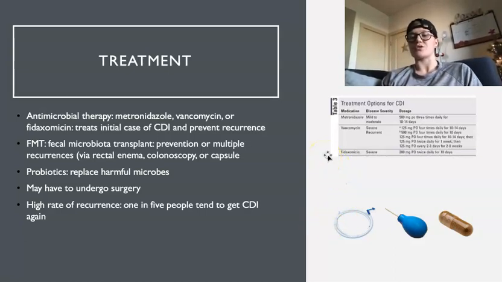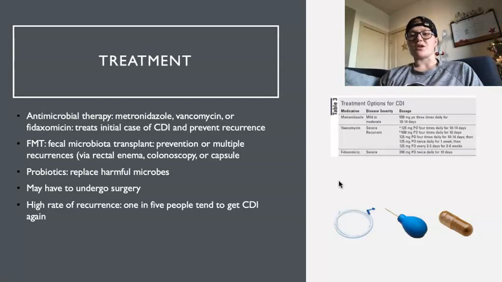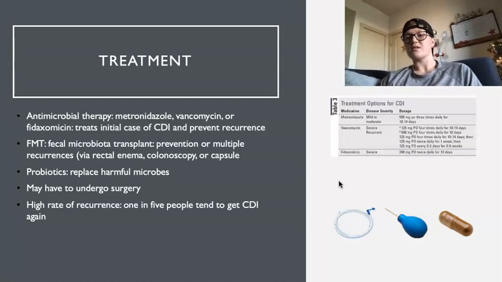Metronidazole is the first drug that was used and recommended to treat C. diff. However, as time went on, more severe cases started happening, and this drug wasn't effective for those severe cases.